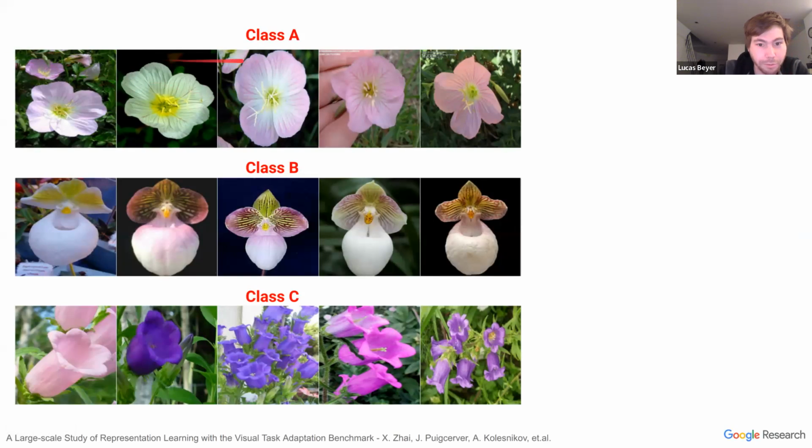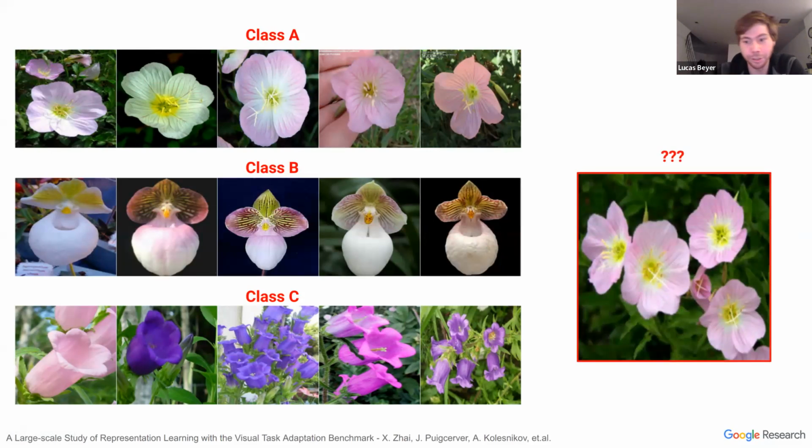I tell you these 5 pictures here, I call them class A. These 5, I call them class B, and these 5, I call them class C. And not much time has passed, maybe 15 seconds. And I show you this picture now, and I'm pretty sure all of you can tell me, yeah, this is clearly class A, right? Even though you may not know what these are. I mean, you know these are flowers, but you may not be a flower expert and may have never seen those concrete ones in your life.